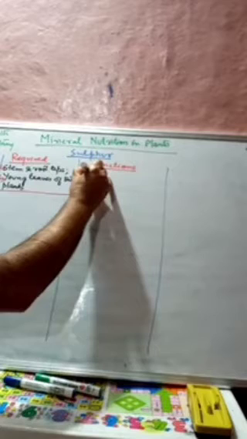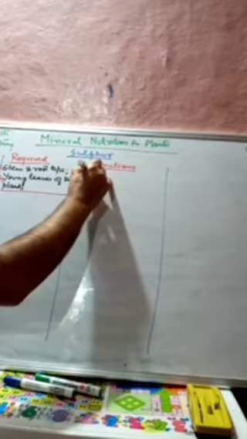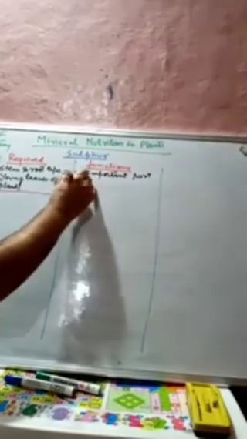Sulfur is an important constituent, an important part, of various amino acids, namely methionine, and the second one, cysteine.